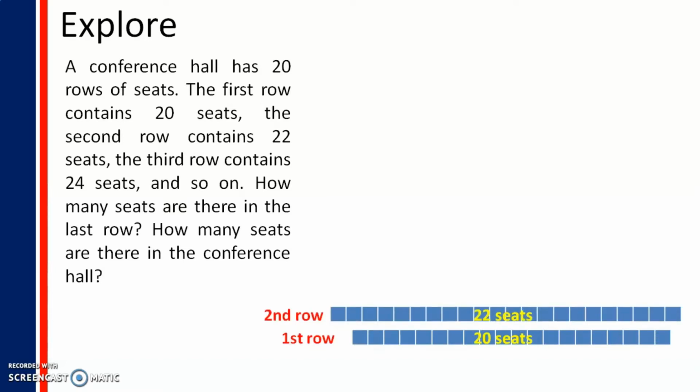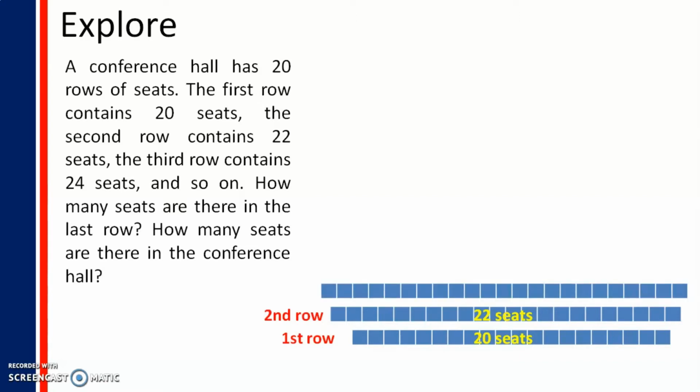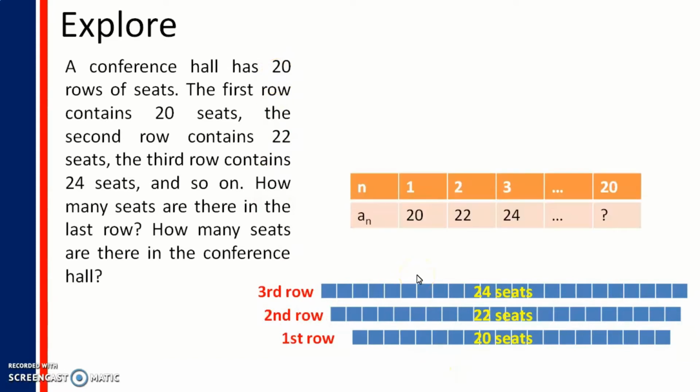And the third row contains 24 seats. And so on. If you move on to the remaining rows of the conference hall up to the 20th row, how many seats are there in the last row? That is the question.